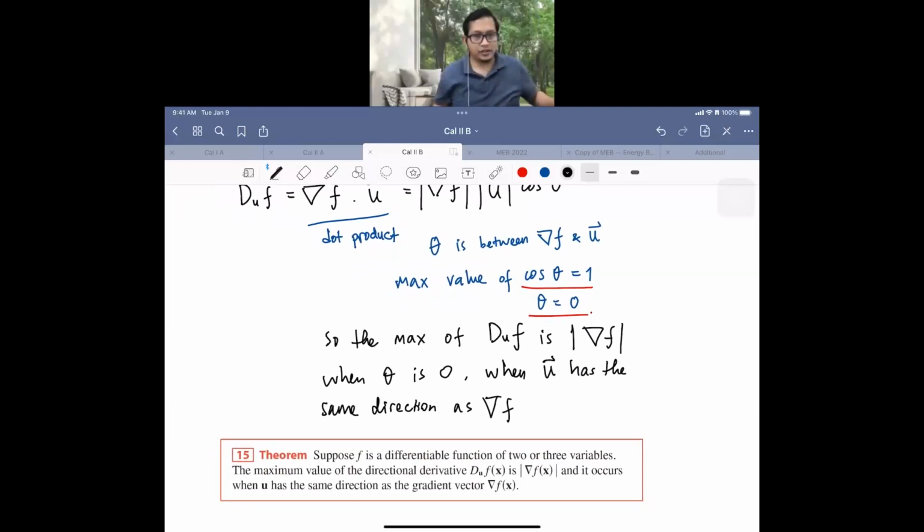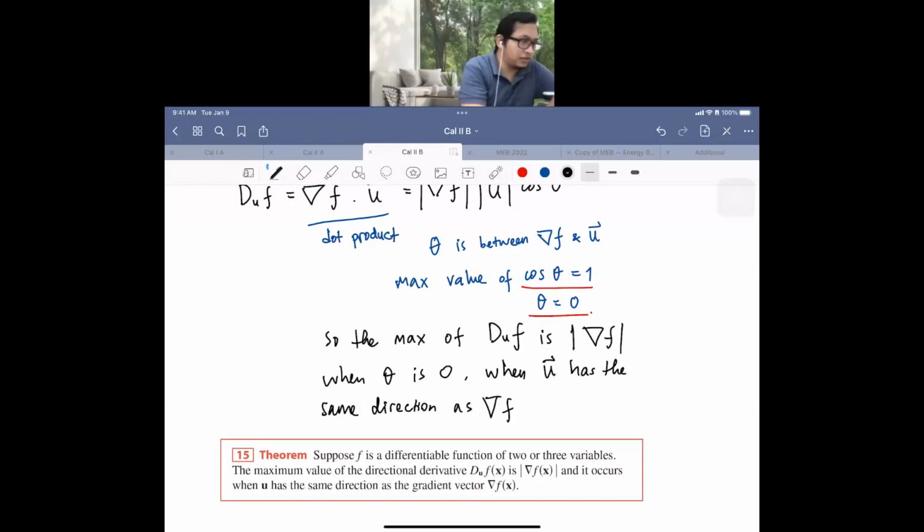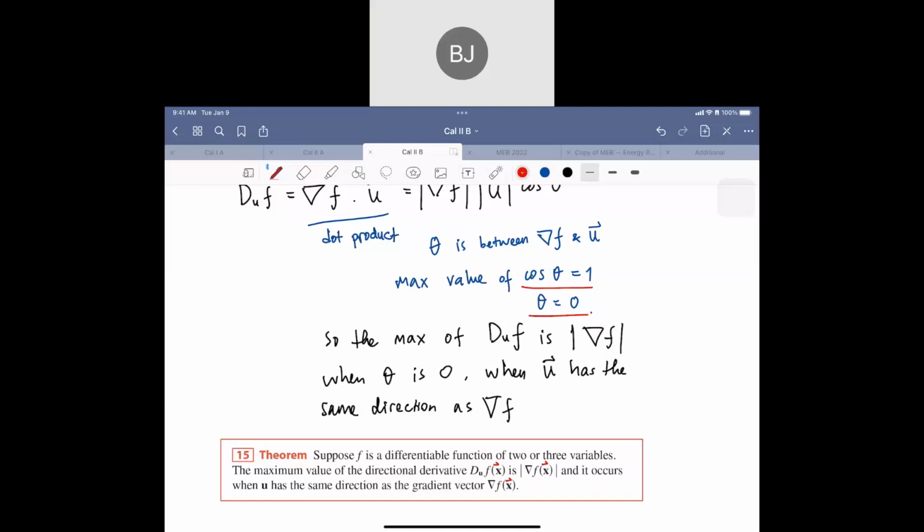The maximum value of the directional derivative is the magnitude of the gradient vector of f. And this is a vector. It can be two variables or three variables.